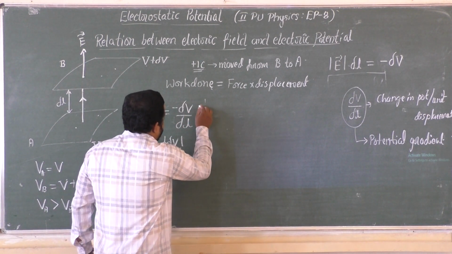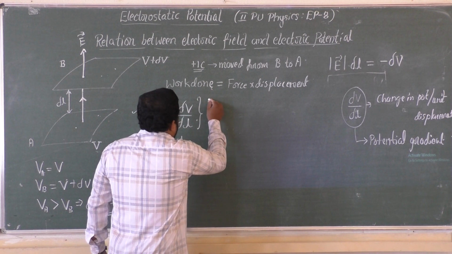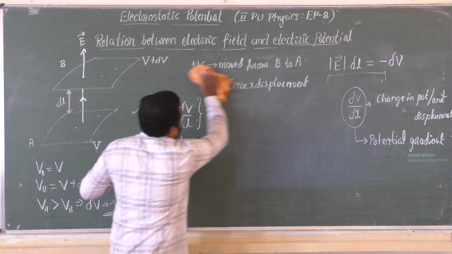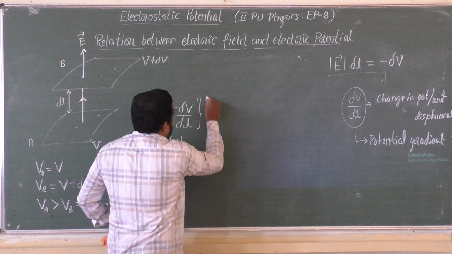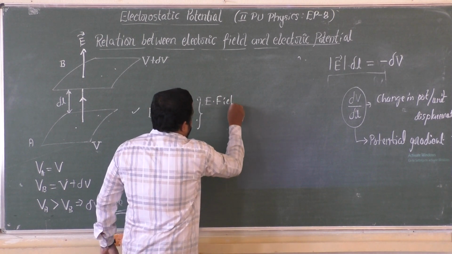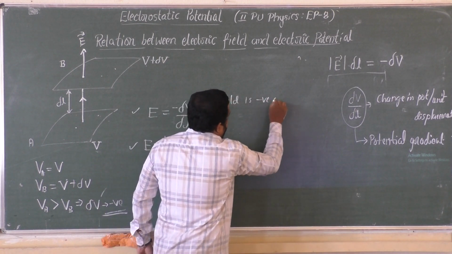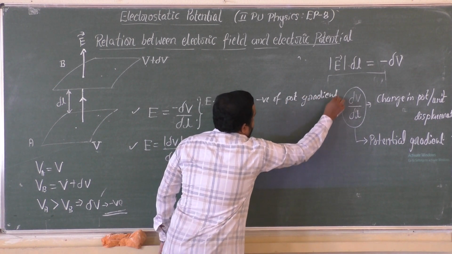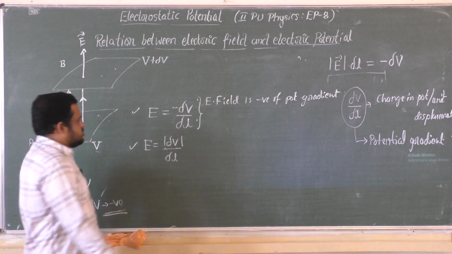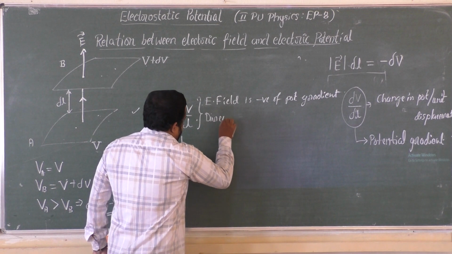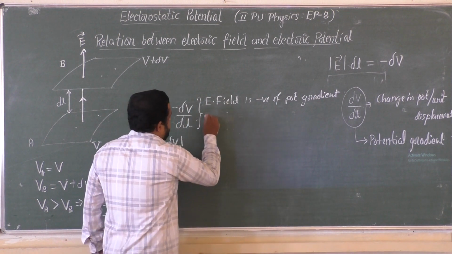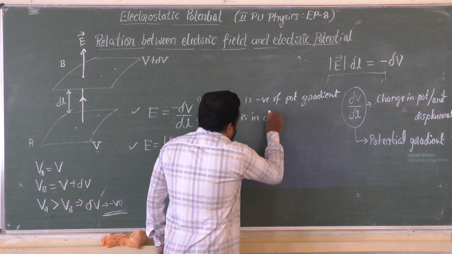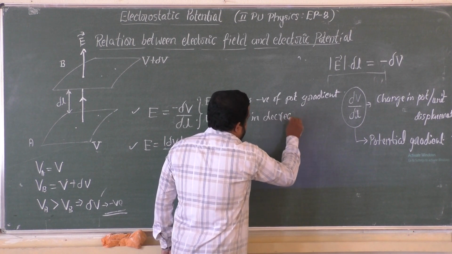So electric field is negative of potential gradient, and the direction of electric field is in decreasing direction of electric potential.